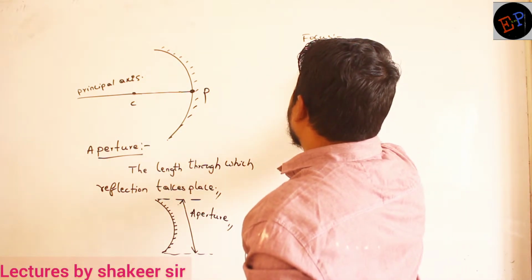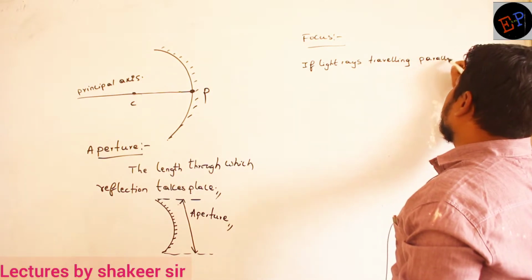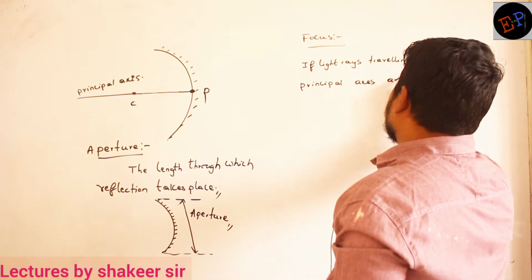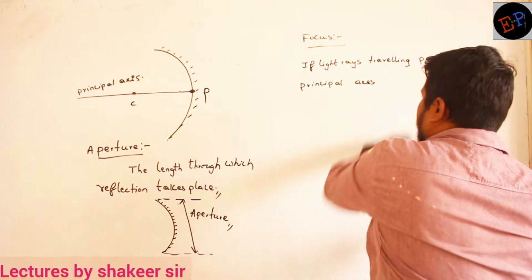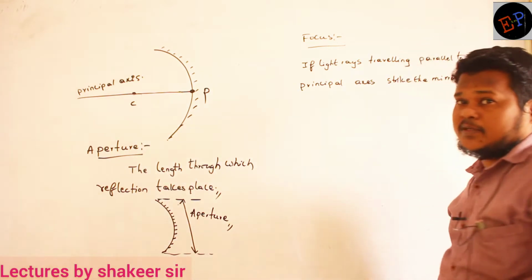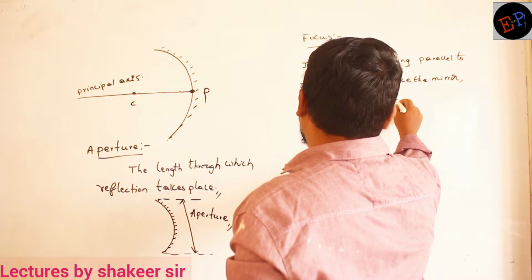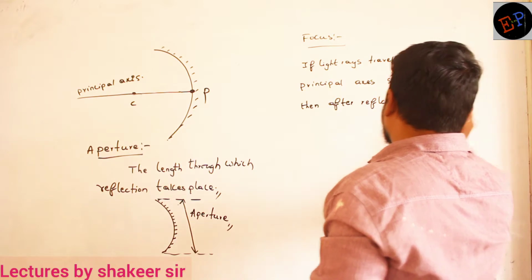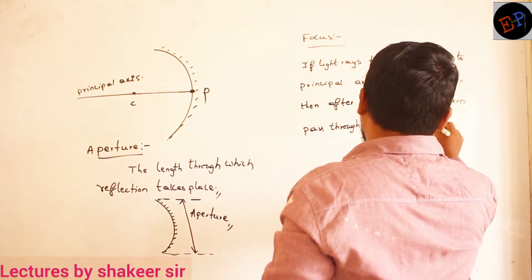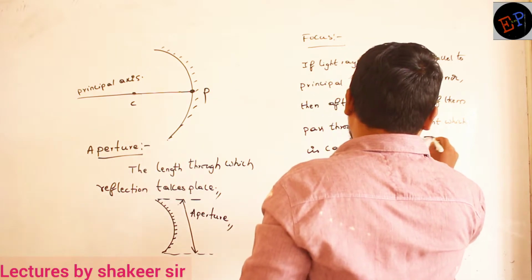If light rays traveling parallel to the principal axis strike the mirror, curved mirrors only we are discussing, then after reflection all of them pass through a single point, which is called focus, represented by capital F.